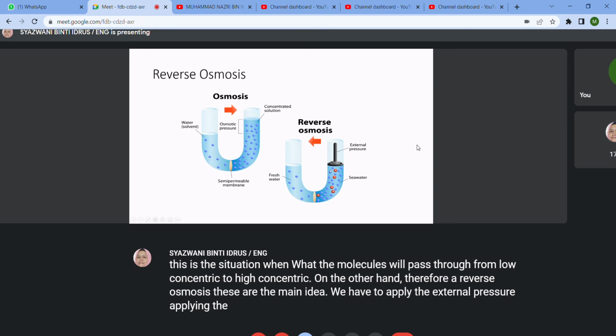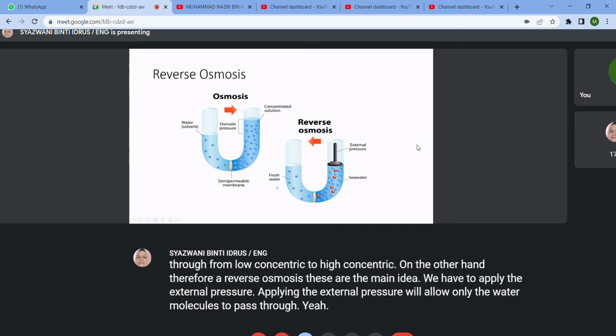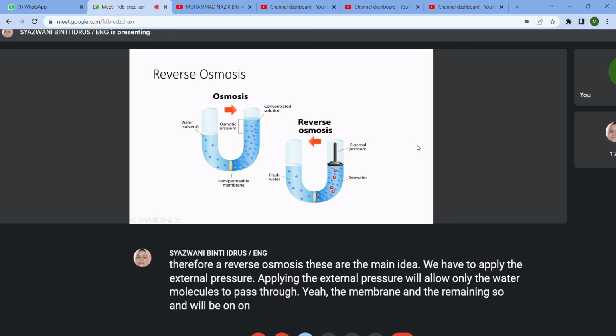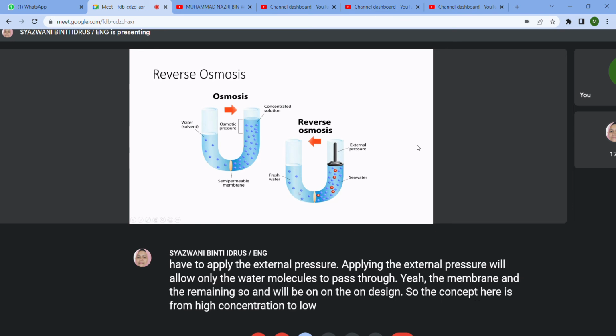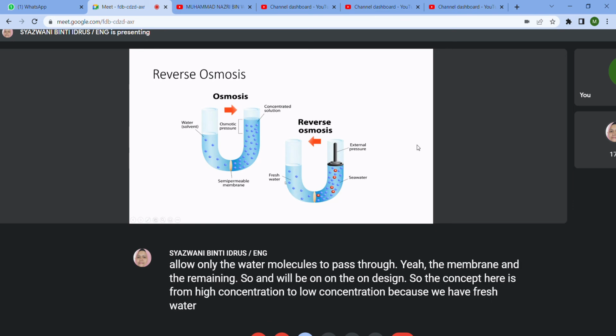Applying the external pressure will allow only the water molecules to pass through the membrane, and the remaining salt will be on the side. So the concept here is from high concentration to low concentration, because we have fresh water on this side. For osmosis, it is low concentration to high concentration.